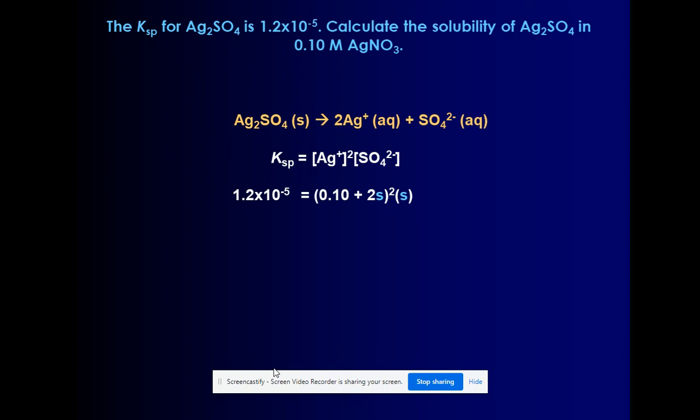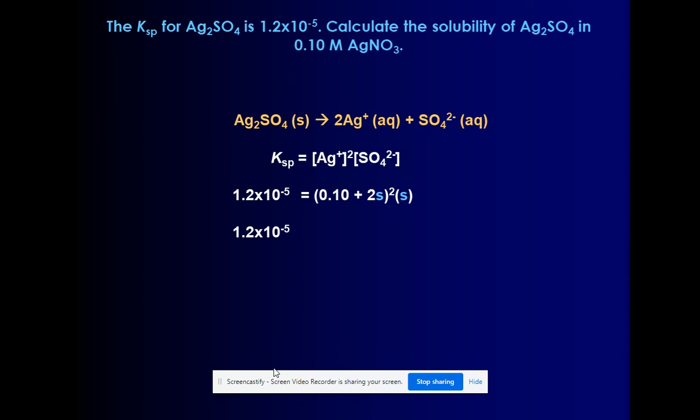And because silver is present in such a large quantity, the solubility of silver sulfate is going to be much smaller than what you would have expected it to be without those, because you won't need as much of the sulfate to reach that K value, to have Q equal to your Ksp.